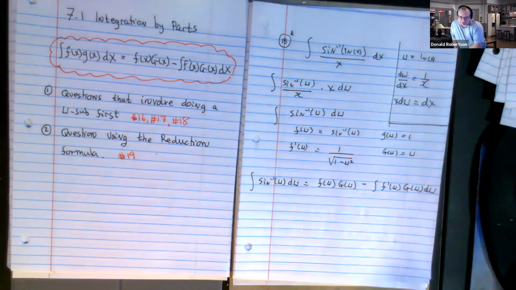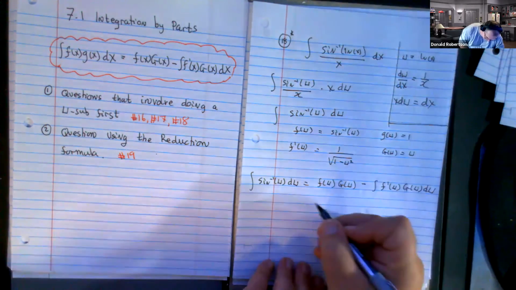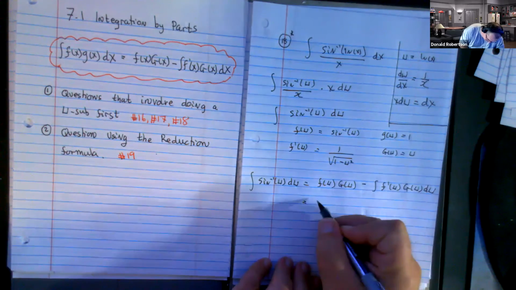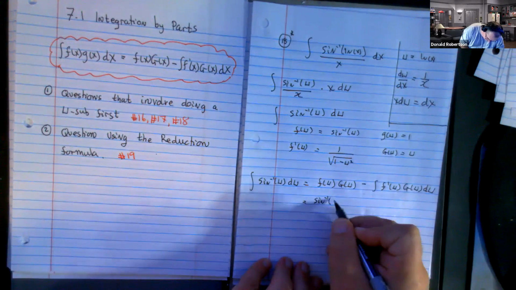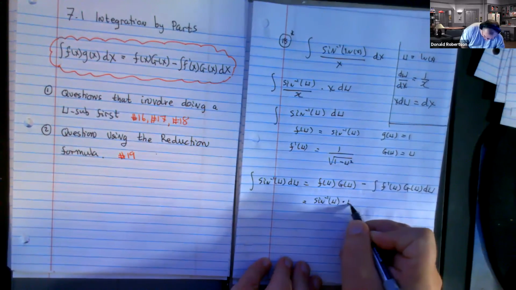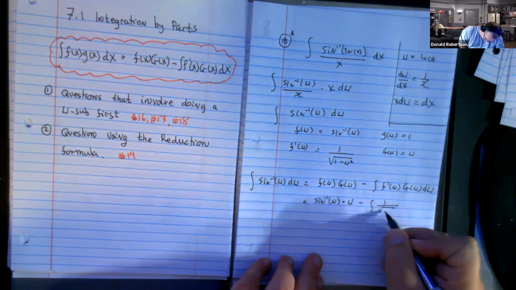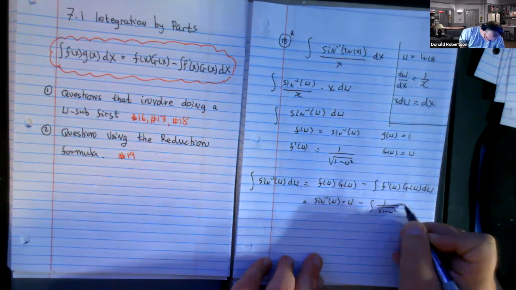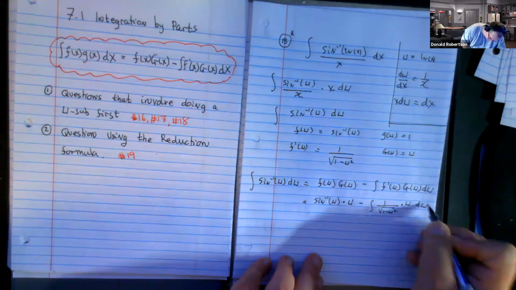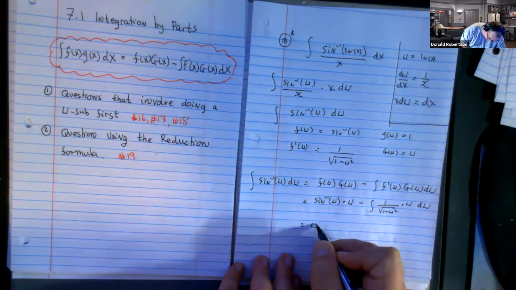Well, that's good. Let's plug in the pieces. Inverse sine goes first, times a u. The derivative is pretty ugly, times a u du. And all I'm doing here is kind of making it look pretty.